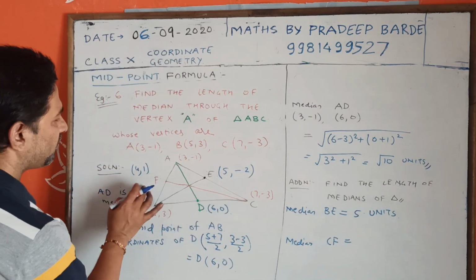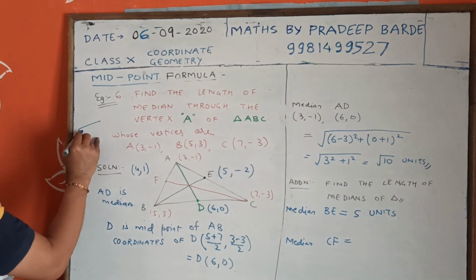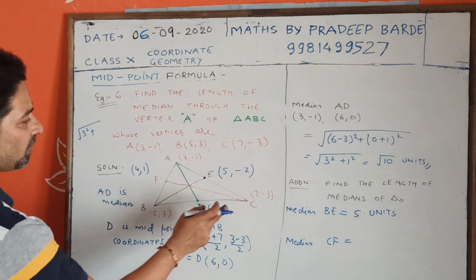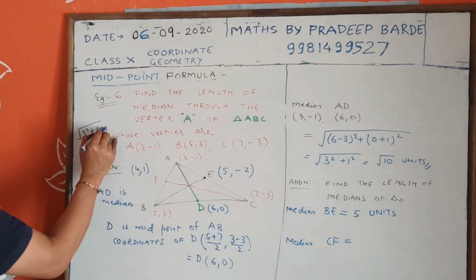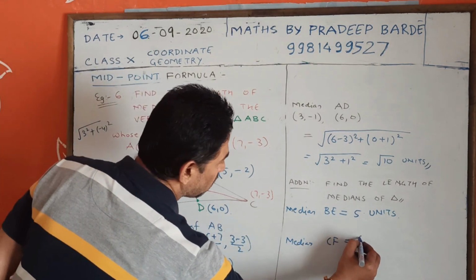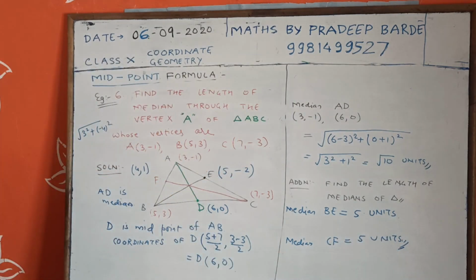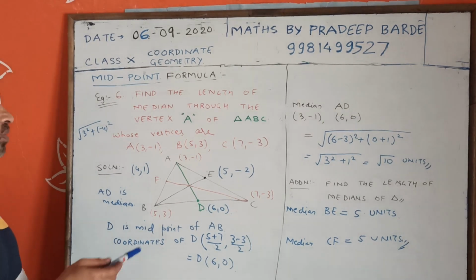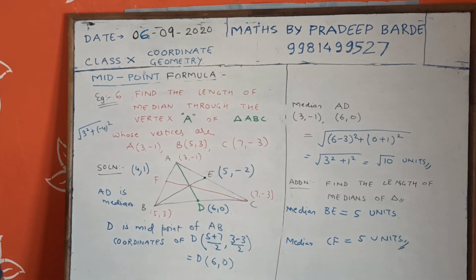And CF: (7 minus 4), 3 square, plus (-3 minus 1), that is -4, whole square, that is 9 plus 16, 25, and this will also be 5 units. Okay, so this way we can find out either only the required median or we can find out the length of all the medians of a triangle.